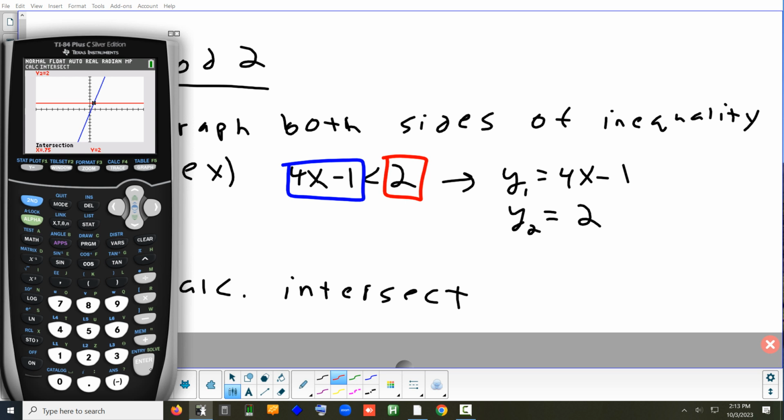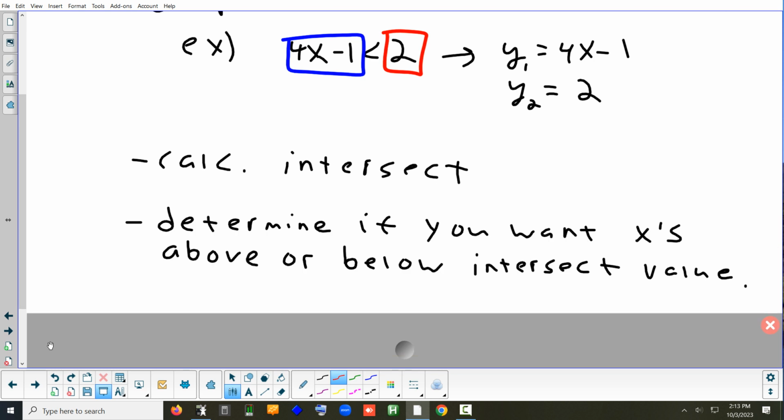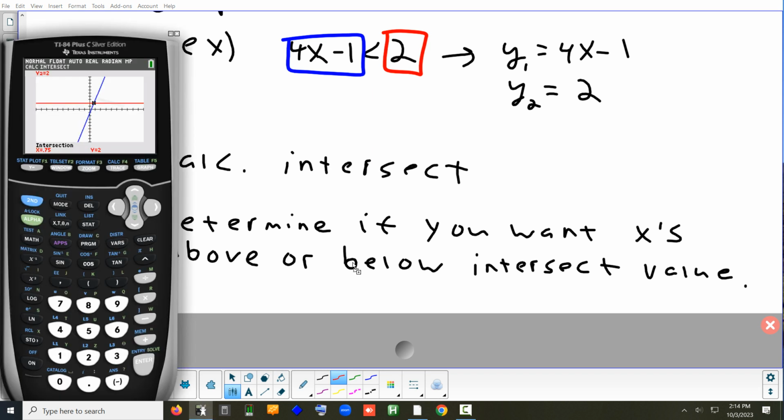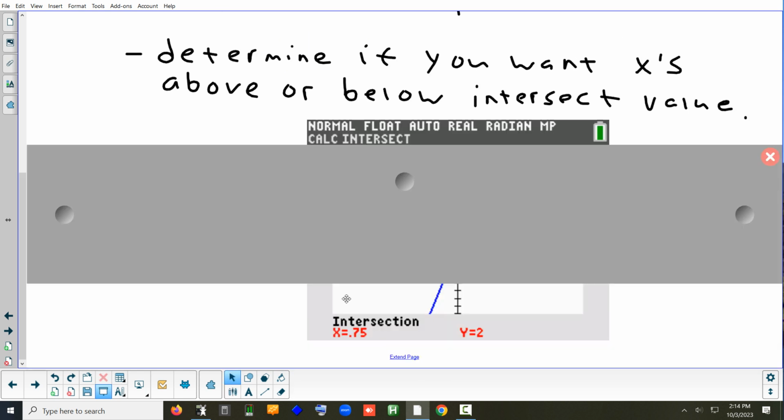That's where they cross. So once you calculate the intersect, determine, do you want all the x's that are below the number we just found? Or do you want the ones that are above?